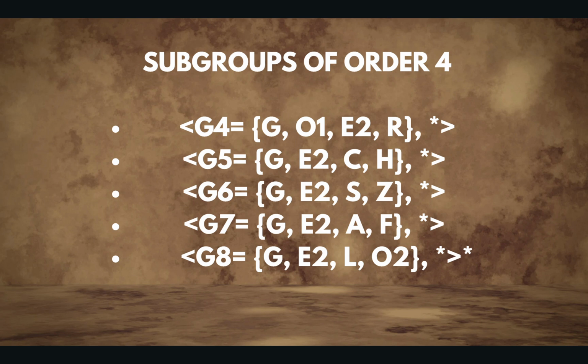Now, for the subgroups of order 4, we have subgroup G4, which has the elements G, O1, E2, and R. Subgroup G5 has G, E2, C, and H. Subgroup G6 has the elements G, E2, S, and Z. Subgroup G7 is equal to G, E2, A, and F. Subgroup G8 is G, E2, L, and O2.